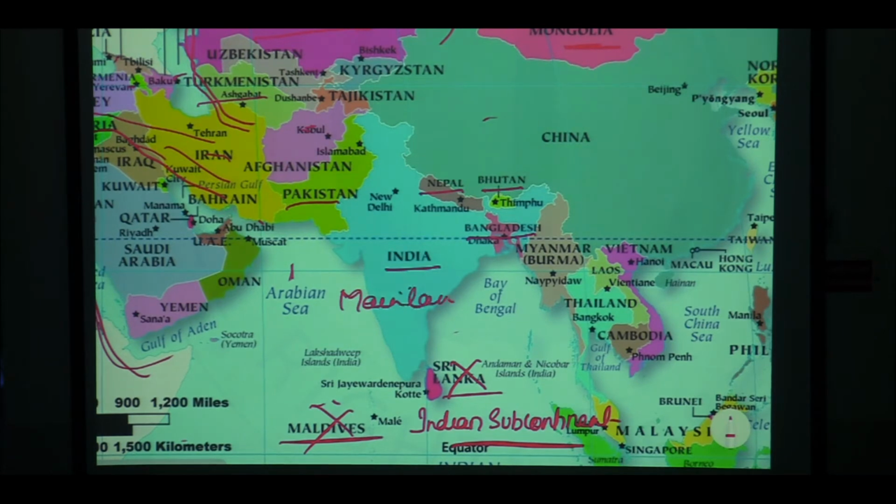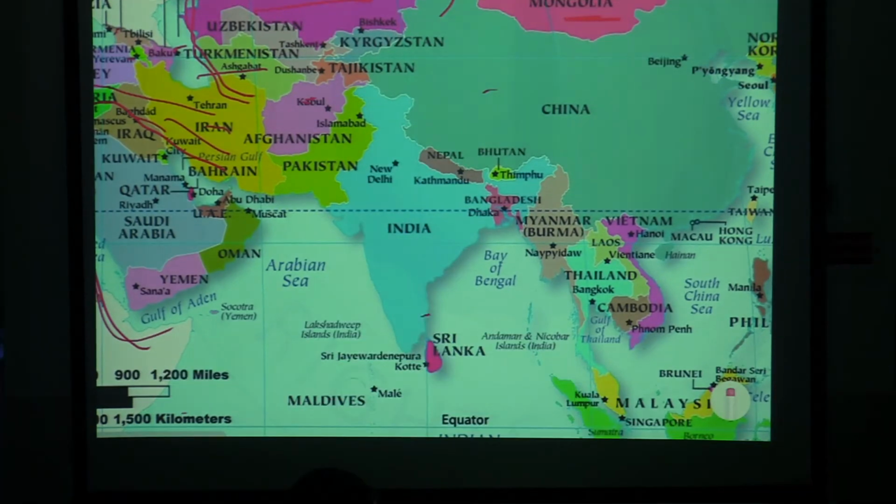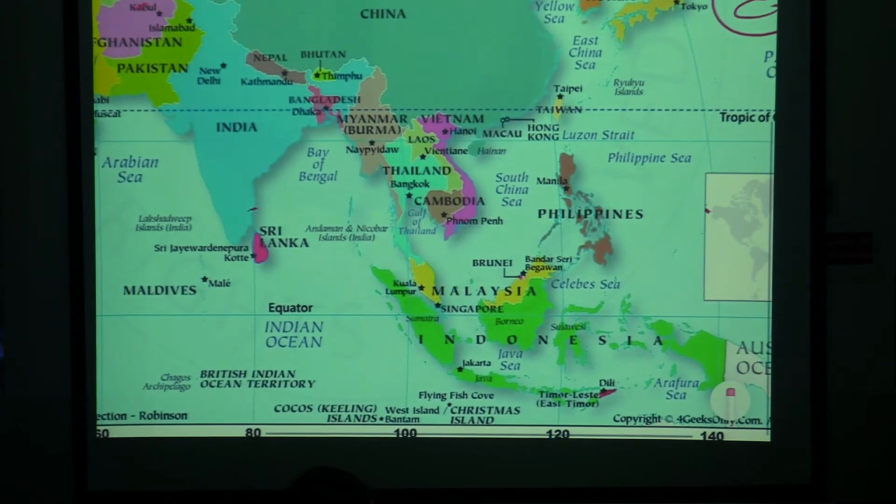So what is the elementary difference between the Indian subcontinent and South Asia? The Indian subcontinent will be inclusive of only mainland countries, and South Asia will include the island countries of Sri Lanka and Maldives as well. So this difference you should maintain. And if we try to slightly go towards the last region of Asia, that is the Southeast Asian region.